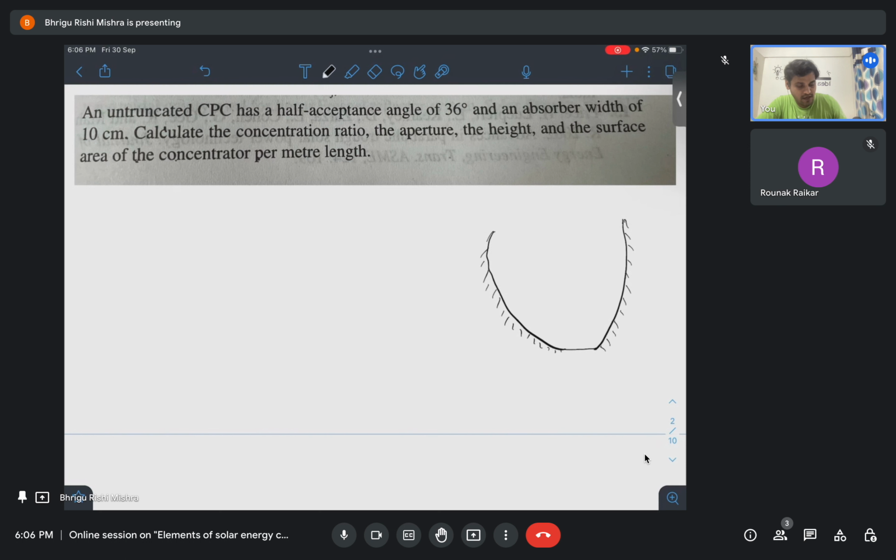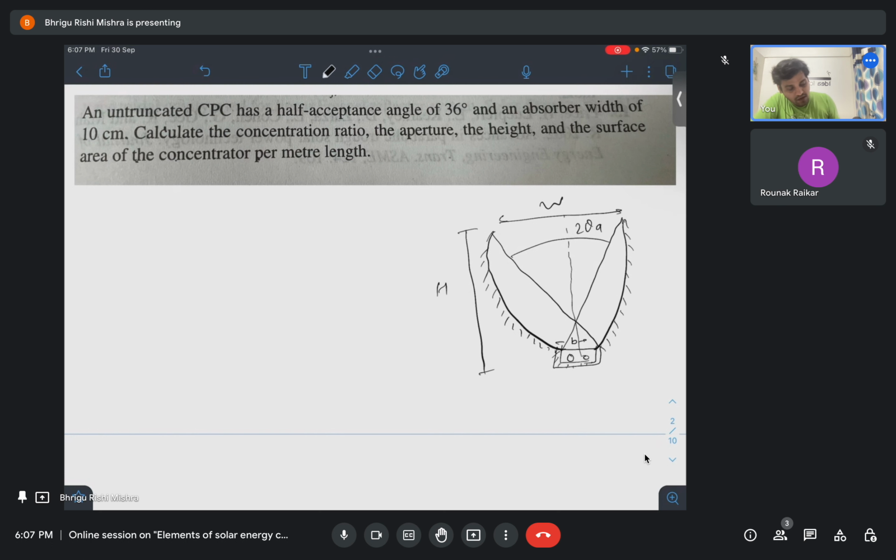So these are two parabolas, and this is the aperture of width W, this is the height H, and here is the receiver. This length is B, and the acceptance angle is 2 theta A.